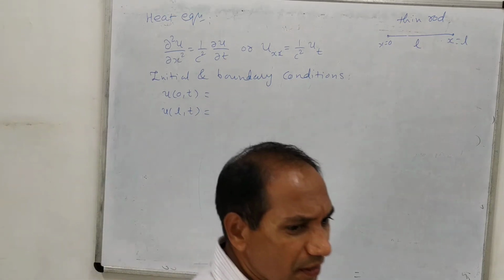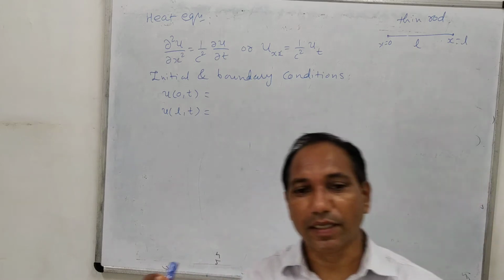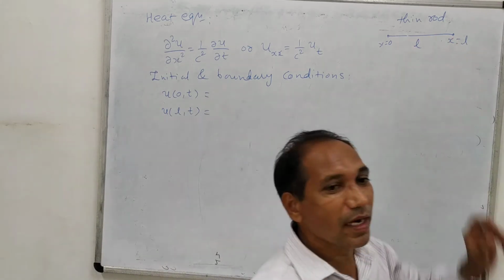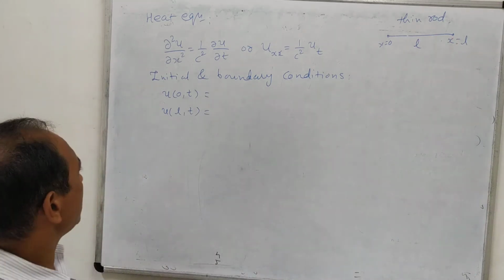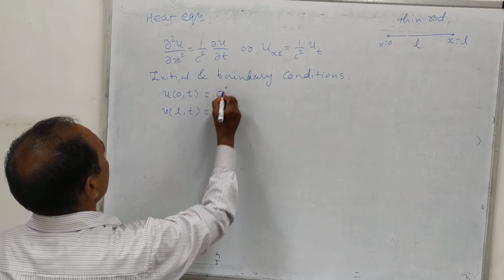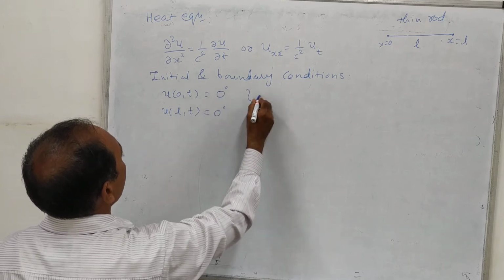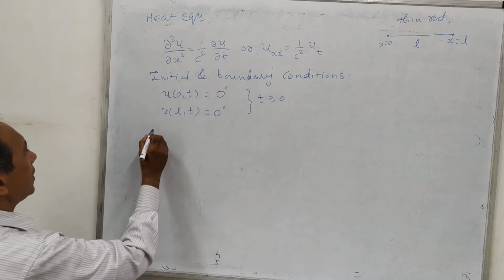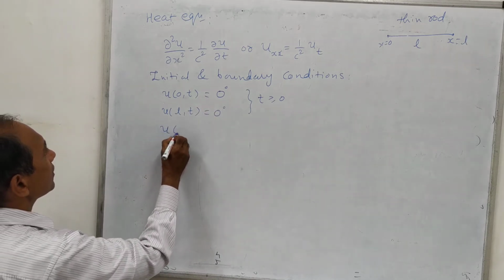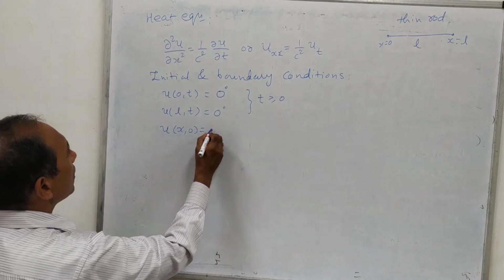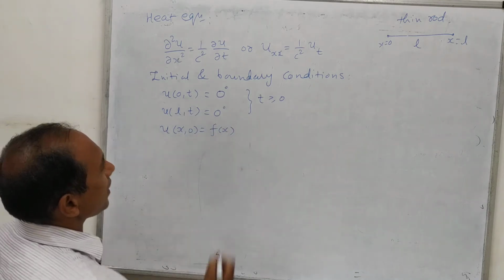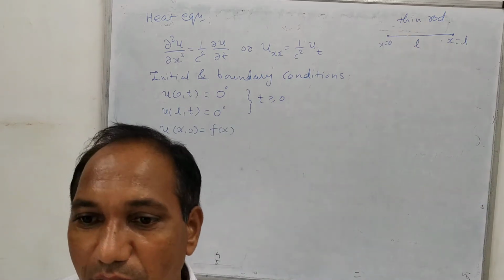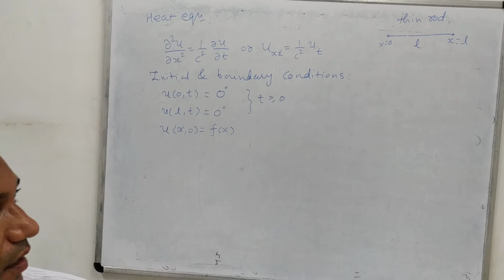In our present theory we consider a thin rod whose 2 end points, at x equal to 0 and x equal to L, are kept at 0 degrees Celsius for any time t greater than or equal to 0. These are known as boundary conditions. Then the initial condition: at time t equal to 0, the temperature depends upon the value of x.